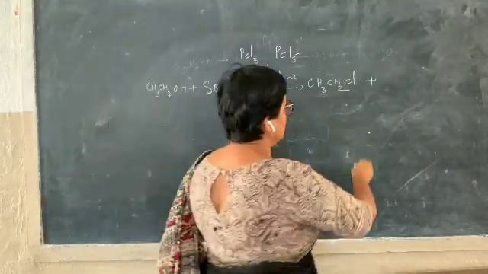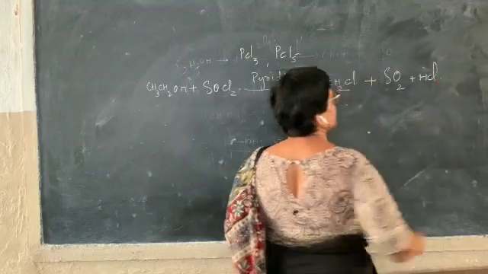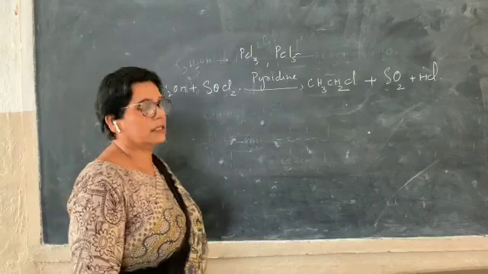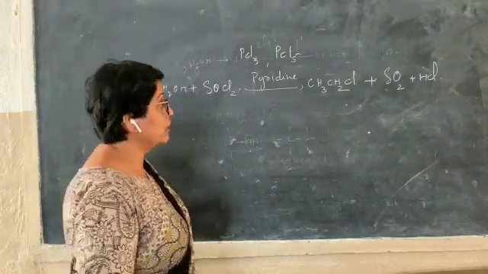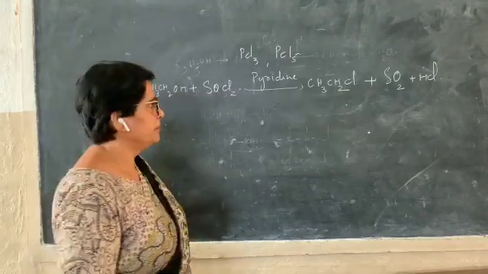Along with it, two types of gases will be evolved along with this main product, the haloalkane. They are sulfur dioxide and hydrogen chloride. Both are colorless gases.